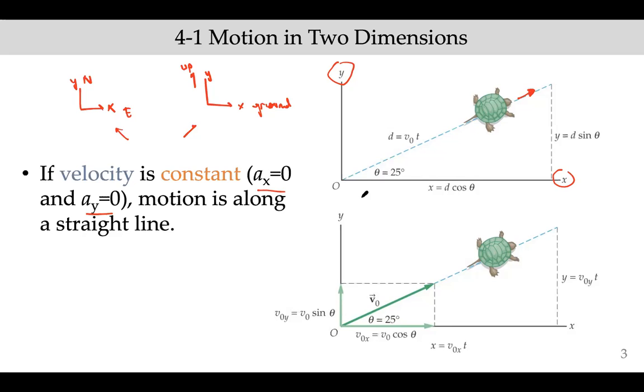So you can calculate the distance that it goes in 2 ways. The first way is you can basically find, if you know the velocity, which is constant. So velocity at any time will be equal to initial velocity because it's constant.